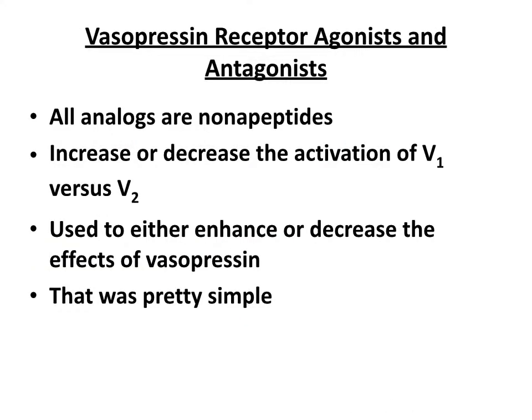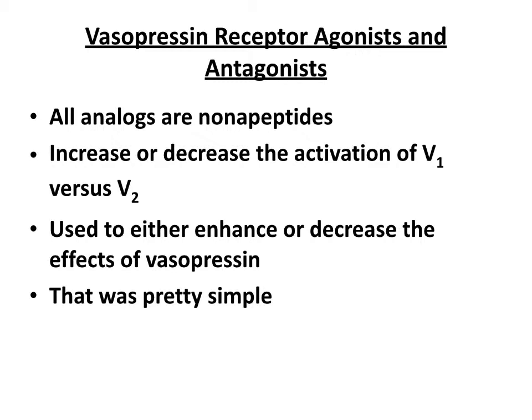Okay, in terms of drugs for the vasopressin system, I've left this at a real simplistic level. The current agents that affect vasopressin that are available are all analogs of vasopressin, essentially synthetic forms of vasopressin.